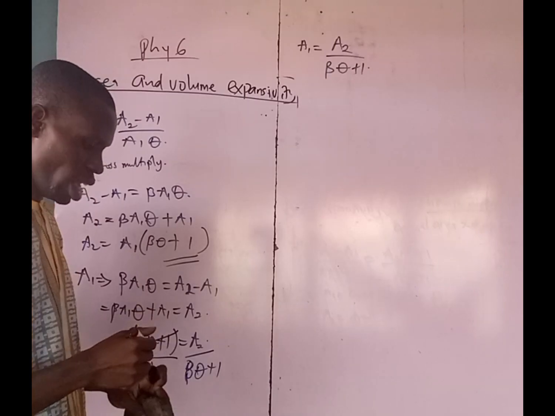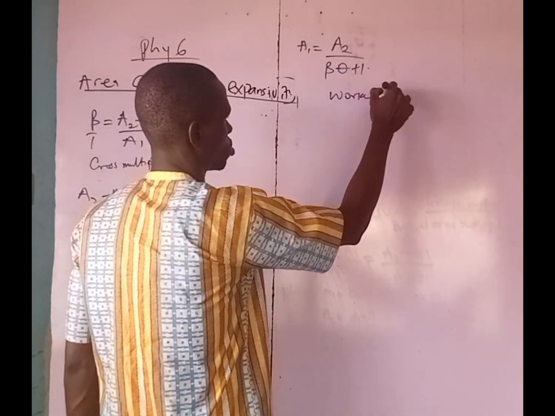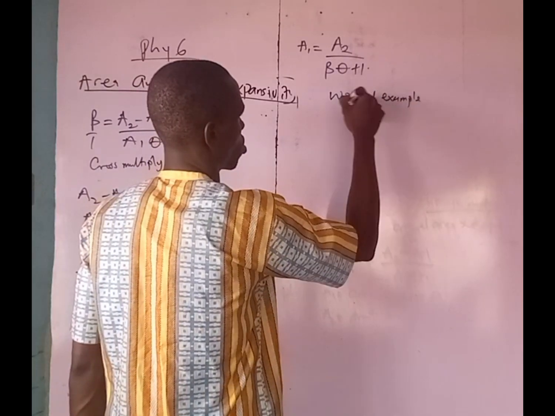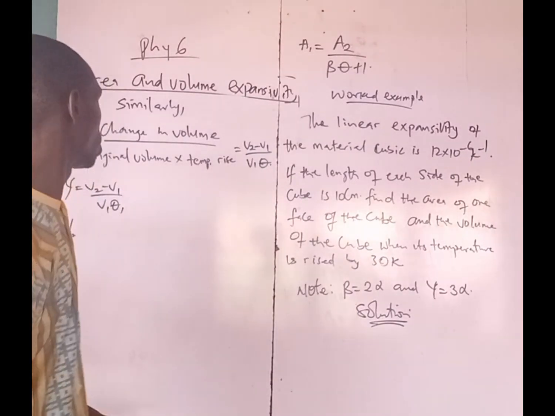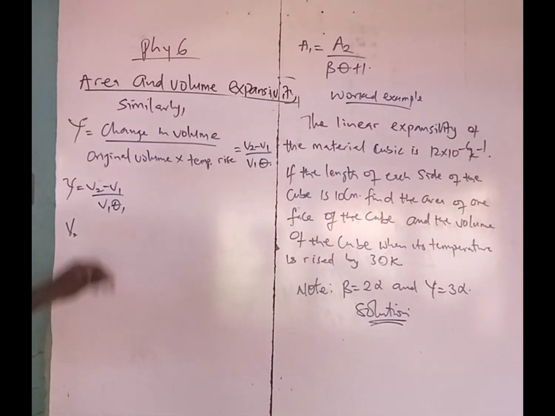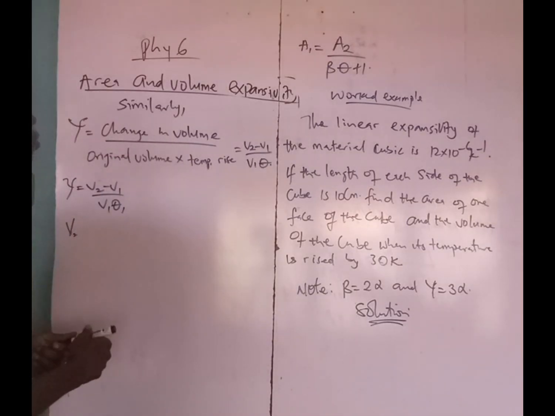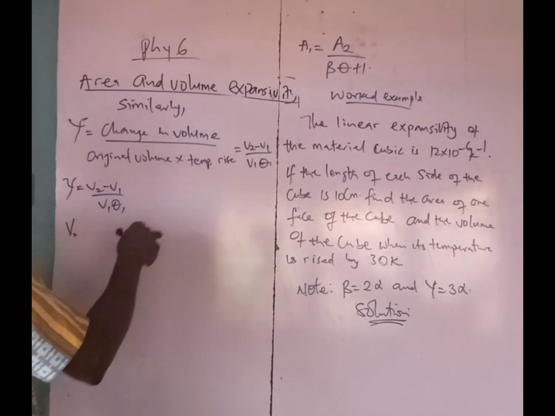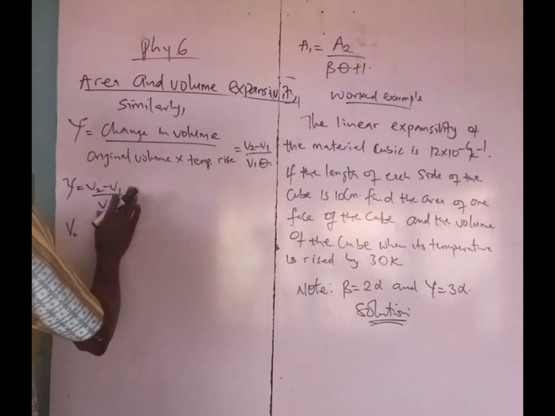Let's quickly take an example on that. But before we go to the example, let's see the formula for volume. Don't forget, this is the symbol for volume or cubic expansivity. It is equal to change in volume over original volume times temperature rise: V2 minus V1 over V1 times theta.